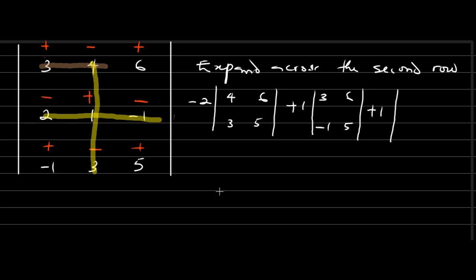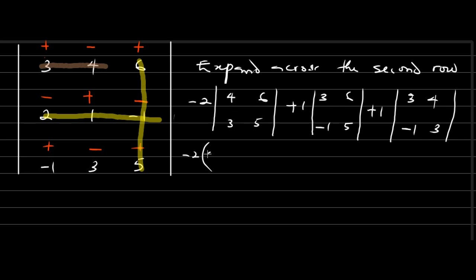Okay. So what are the cofactors of this one? We are going to shift this way. We are left with 3, 4, minus 1, 3. Okay. So we can now find the determinant of these matrices.